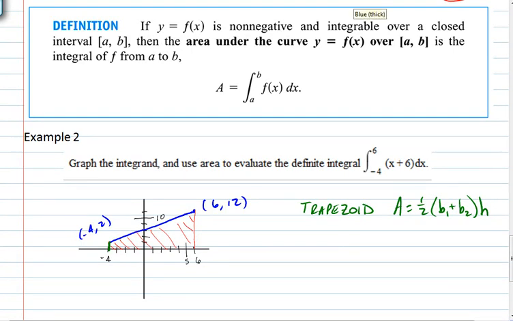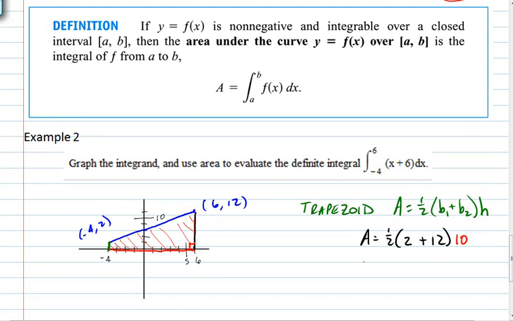So looking at the picture, this area is going to be equal to 1/2 times the first base is 2, the second base is this line right here, and that's going to be 12. And then the height is this distance along the x-axis, because remember the height has to be perpendicular to the bases. And that height is going to be from -4 to 6, the length of that, 6 minus a -4.